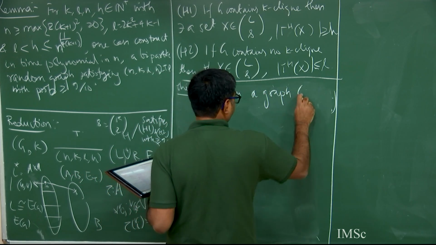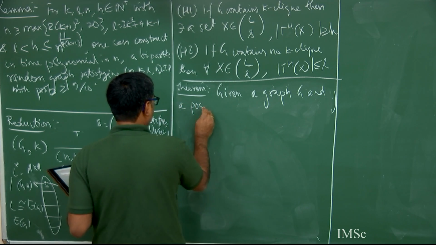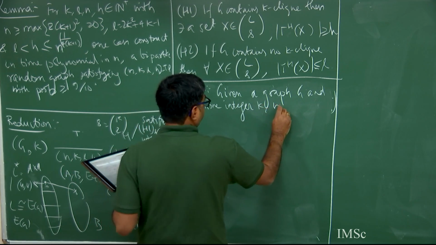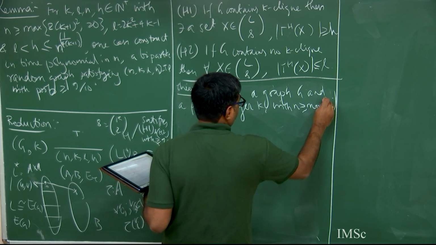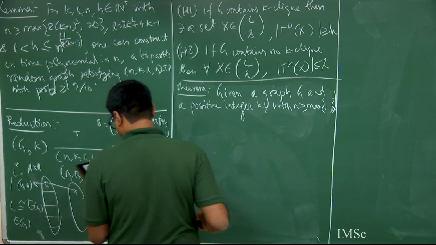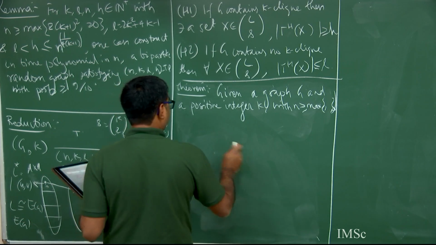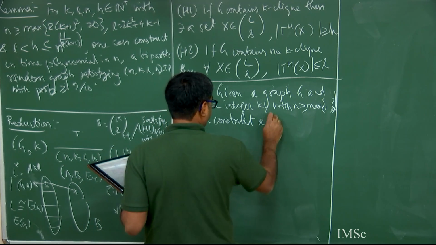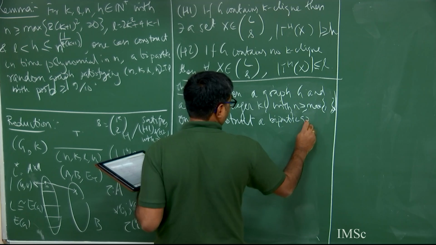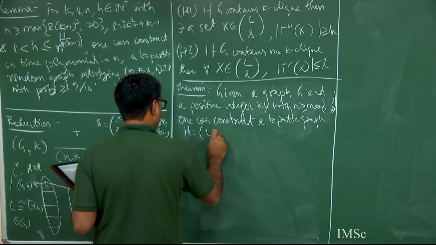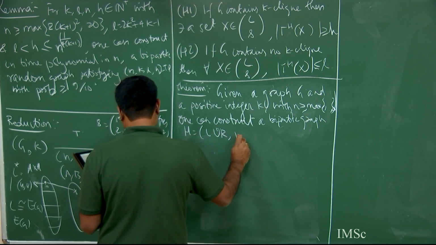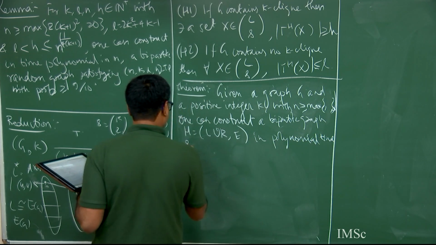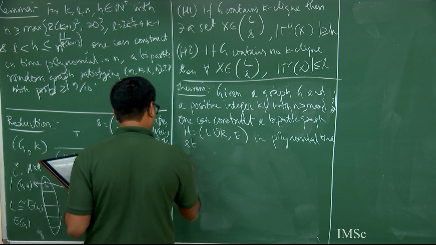Given a graph G and a positive integer k, with n at least the max of this number, one can construct a bipartite graph H (L, R, E) in polynomial time such that, here is my soundness.